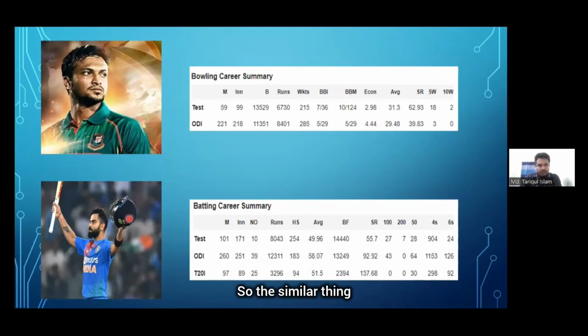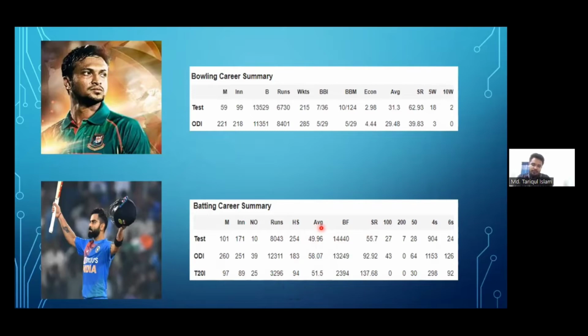So the similar thing, just look at the batting career summary of Virat Kohli. Just look at the average. The average is showing that in test his average is 49.96, which is almost 50. In ODI his average is 58.07, and in T20 his average is 51.5.